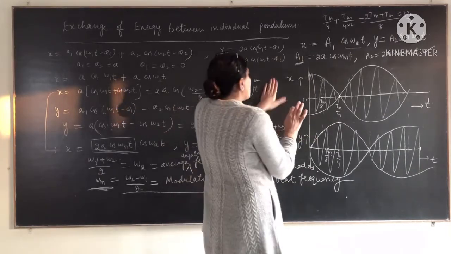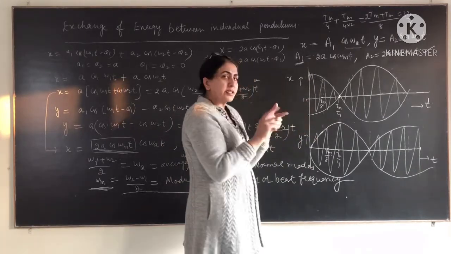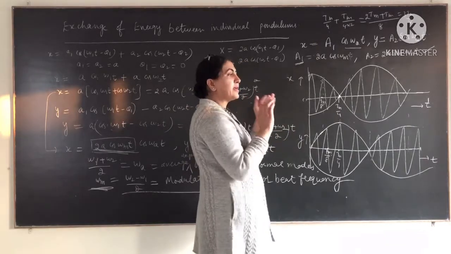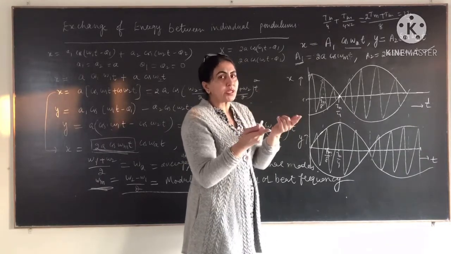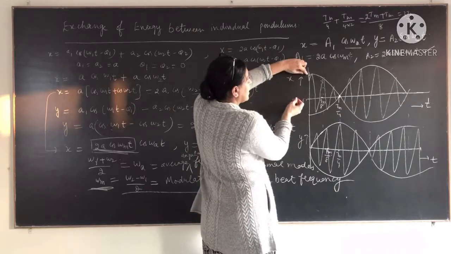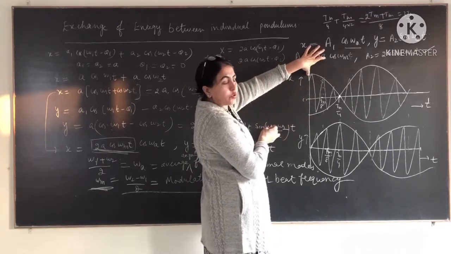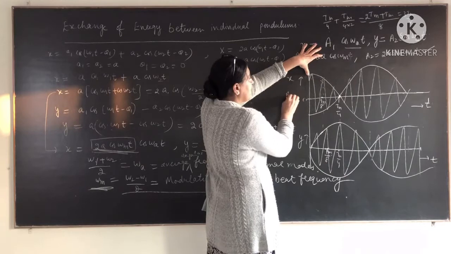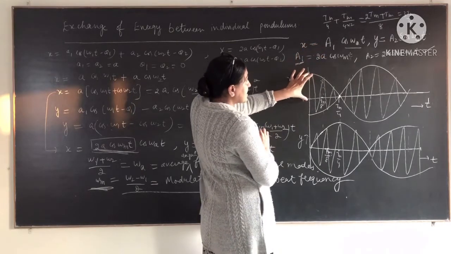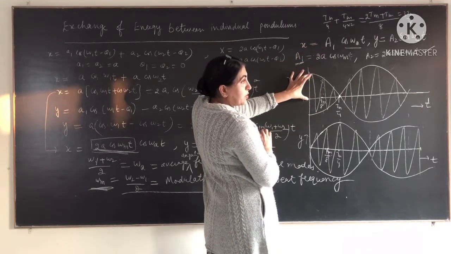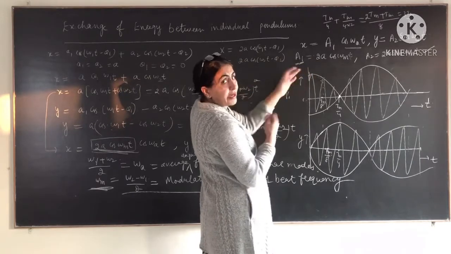So the whole of the energy is with pendulum P1. Energy is directly proportional to amplitude square. So here, see, the amplitude is maximum, so the whole of the energy is with pendulum P1. Clear? If this is the amplitude, it means maximum energy.